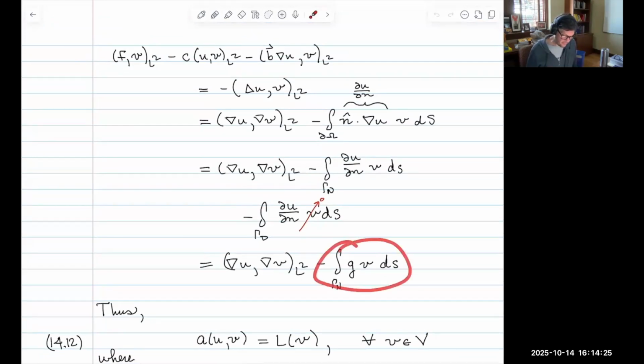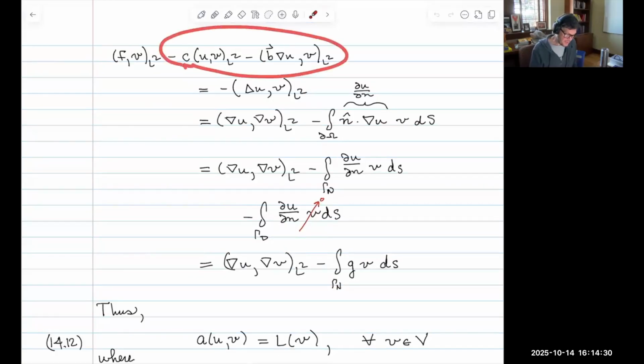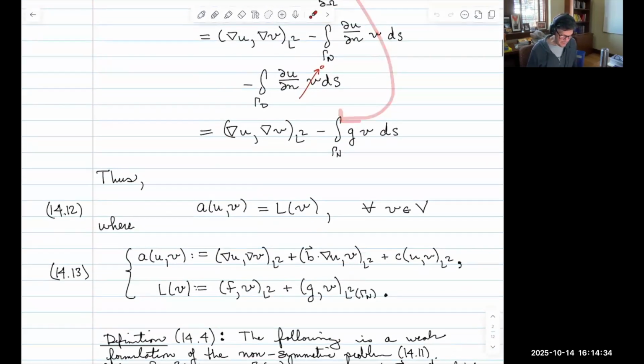I can move this term over to the right-hand side with all these other terms. Actually, I'll move these back. And so I get this weak formulation.